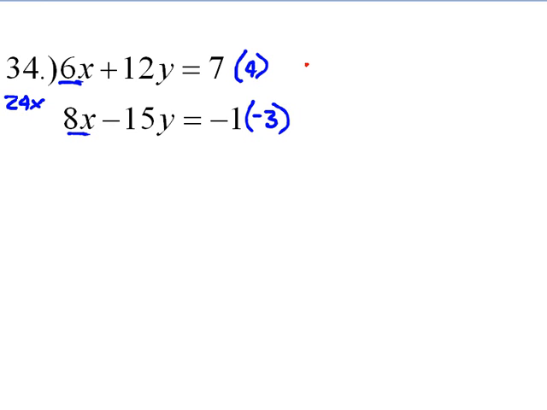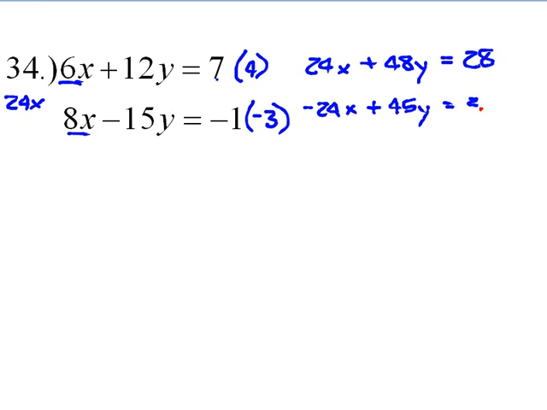Let's do the math. We get 24x plus 48y. Remember, you're multiplying every term. And a common mistake, don't forget this last term. 28. Okay, negative 3 gives us our negative 24x that we're looking for, plus 45y equals 3.